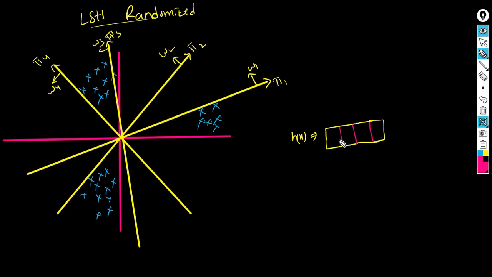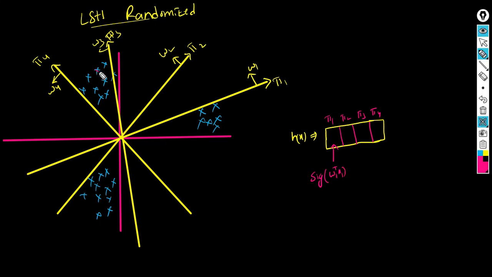And this value contains the signs of these points. How will we get those signs? Let's consider this one is related to pi1, this is related to pi2, pi3, pi4. Here, the sign means positive or negative. Sign of w1 transpose x1.